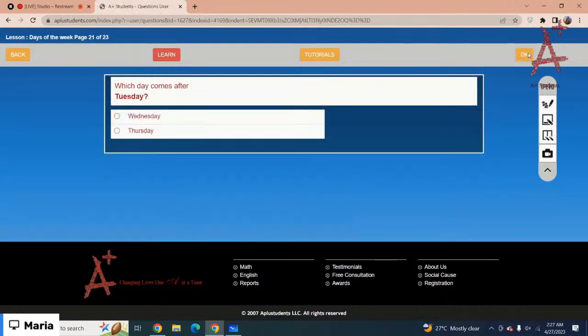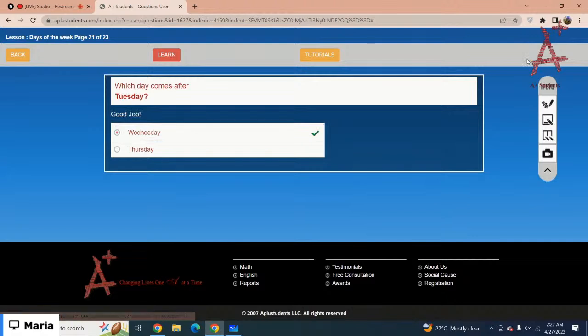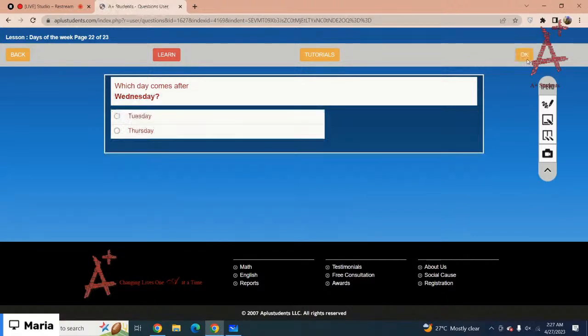Which day comes after Tuesday? After Tuesday, we have Wednesday. Which day comes after Wednesday?